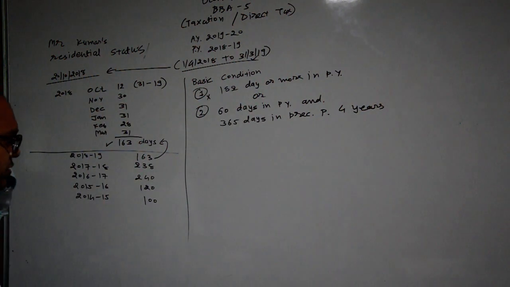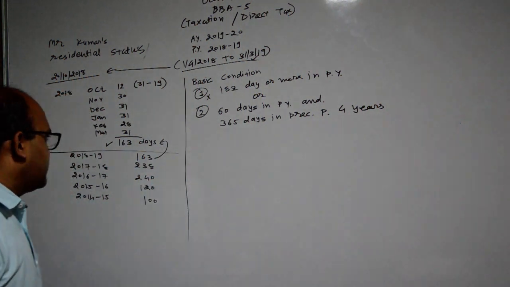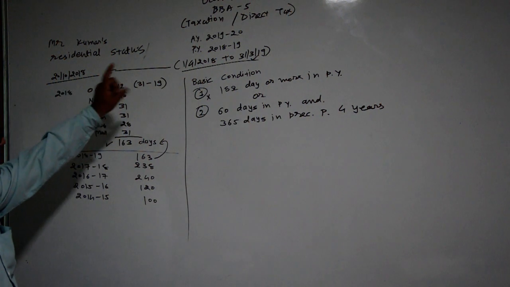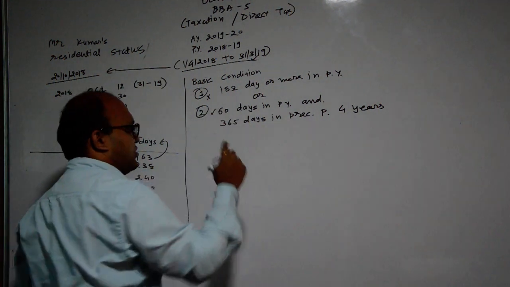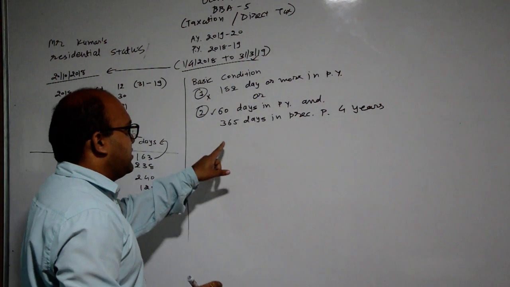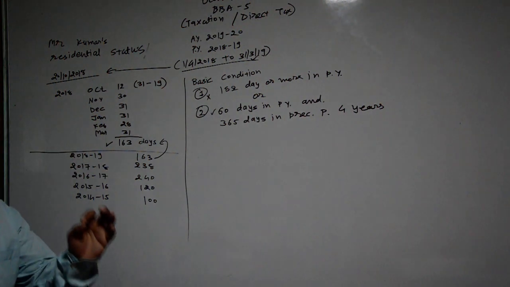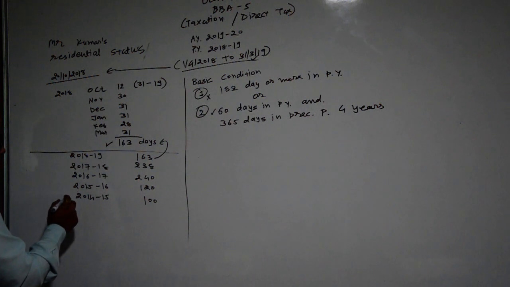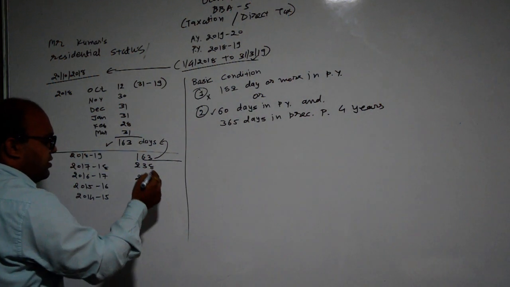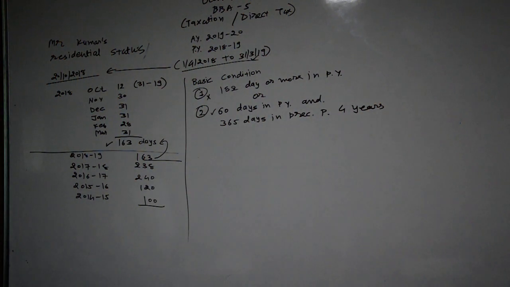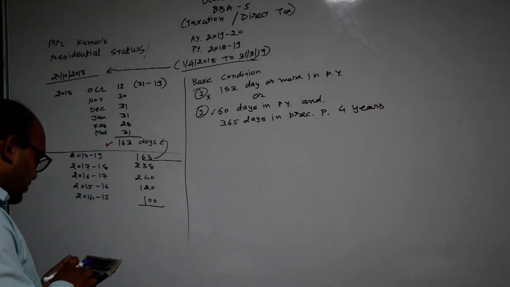If we apply this second condition, 163 days he stayed in the previous year, so he is fulfilling the first criterion. Our second criterion is 365 days in the preceding previous 4 years, meaning 2017-18, 16-17, 15-16 and 14-15. So we will have to make a total of these 4 years, and then we can conclude whether he has satisfied the second condition or not.